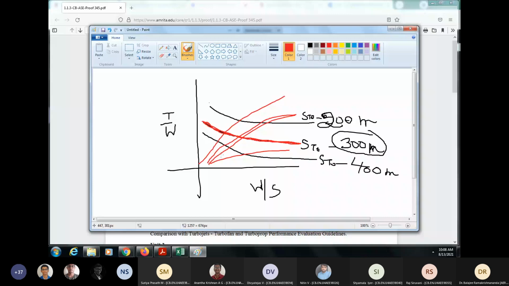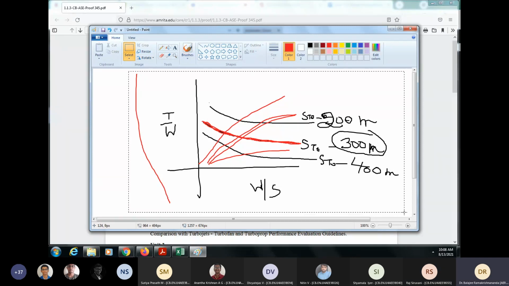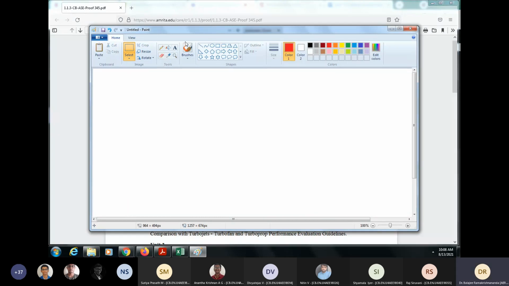Later on, you may discover that this is a feasible region, but I may want to move it up or down, because it is probably restricting my feasible region. So for that, be prepared now itself.